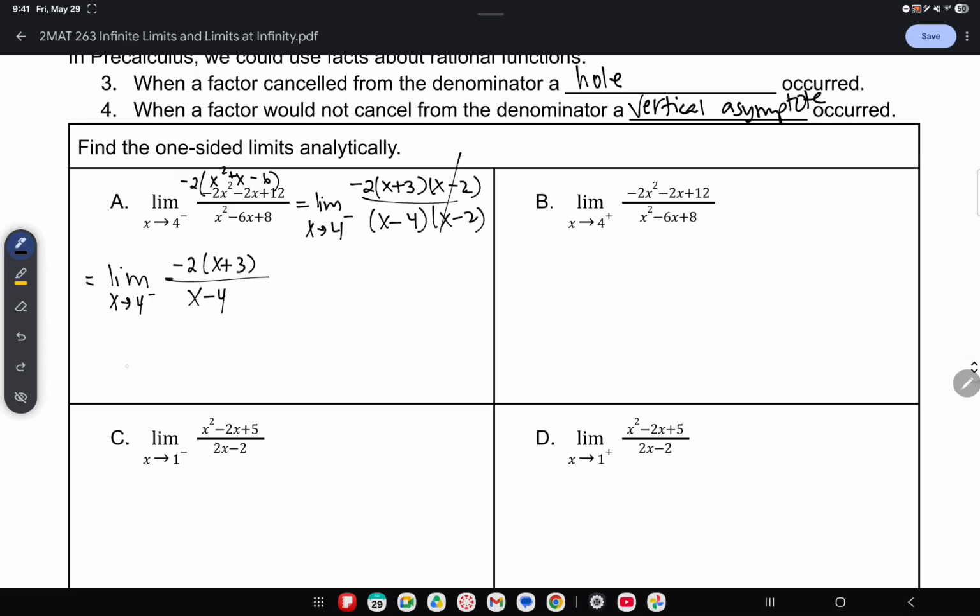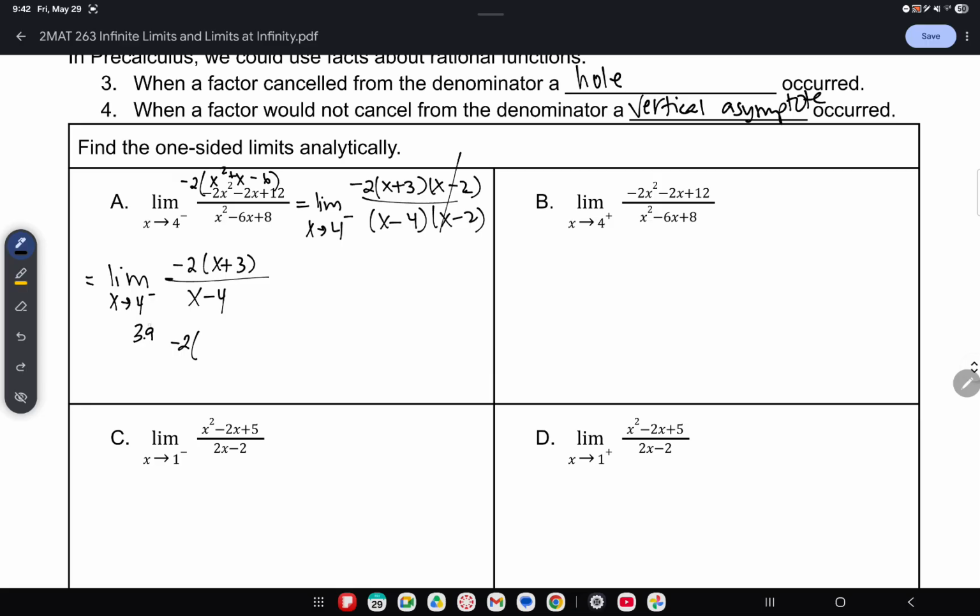So when we talk about having to find that limit as it approaches from the left, we can substitute in a value. Like what if I want to substitute in something close? So how about, and we're from the left side, so how about 3.9? So if I substitute in 3.9, because I know it's a vertical asymptote, my answer is going to be positive infinity or negative infinity.